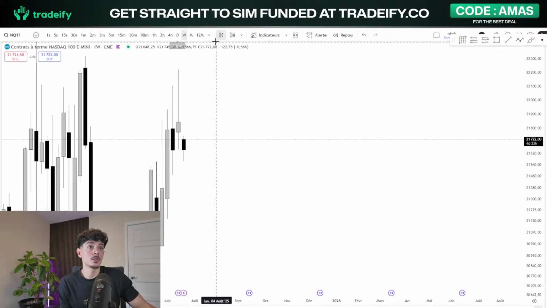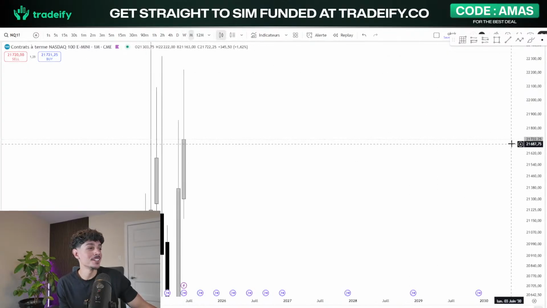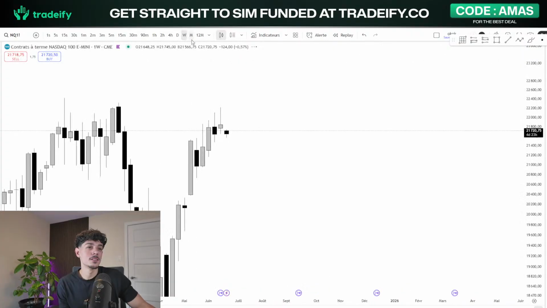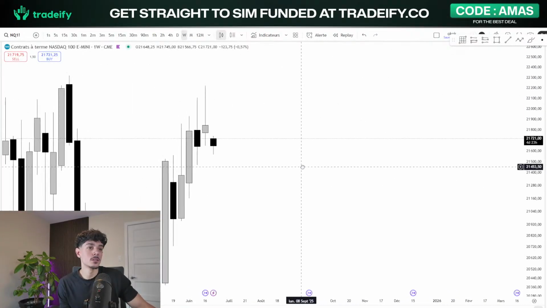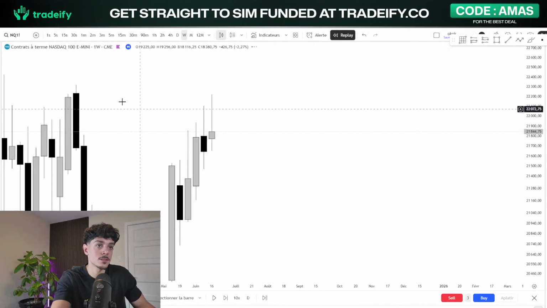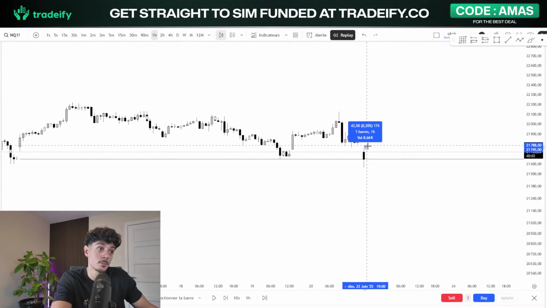We already hit the draw on the weekly chart. Let's say right here, the draw was this low on the weekly chart. So as soon as we opened, we gapped down towards the draw.